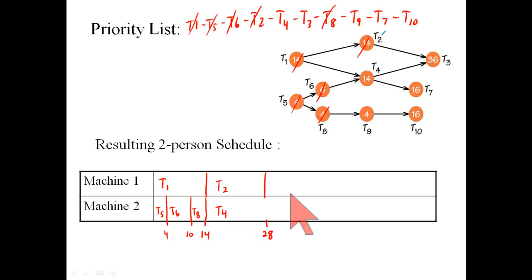And it's also a 14-minute job. Both processors are ready at time 28. Next highest priority is task 3, which is ready to be worked on. And it is a 36-minute job, so that's going to go all the way out till time 64.